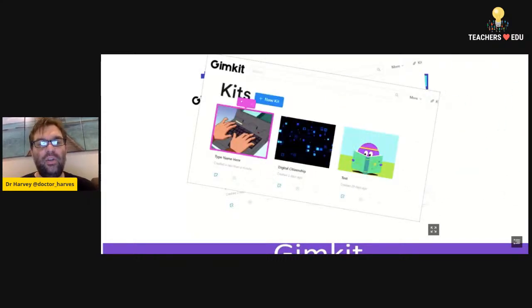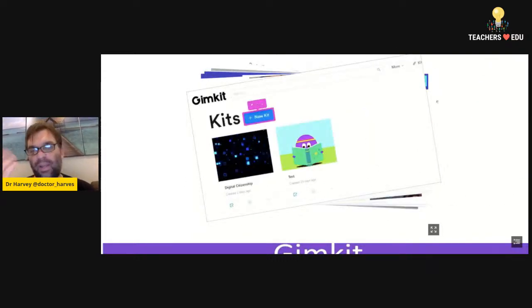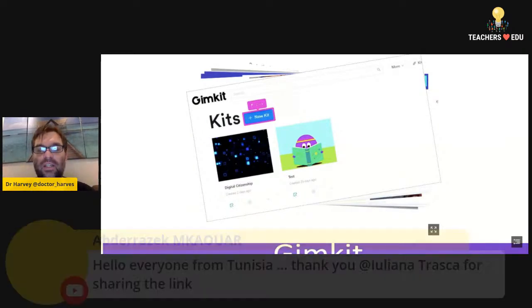So now you have your new kit, which you've uploaded from your Quizlet. That's just one integration between Quizlet and Gimkit. I've used that quite a lot for definitions in physics and chemistry. Again, it's about developing quick recall skills, so it moves from short-term memory into the long-term memory of the students when it comes to later assessments.